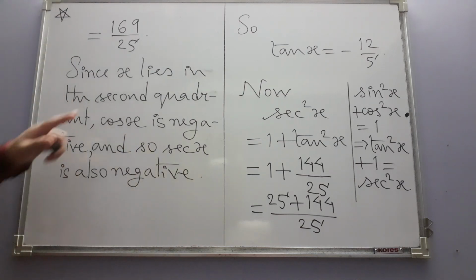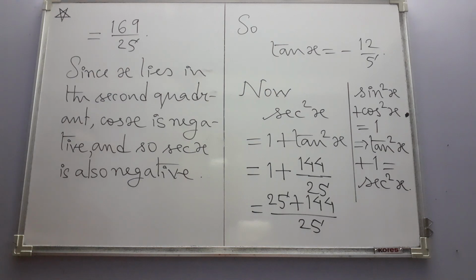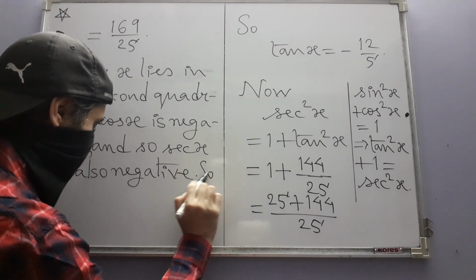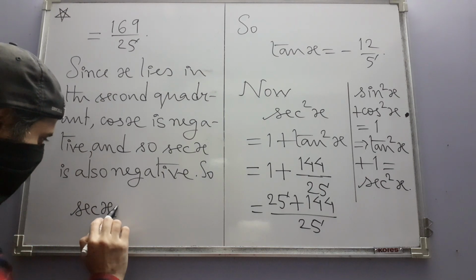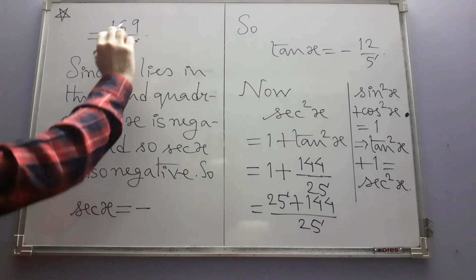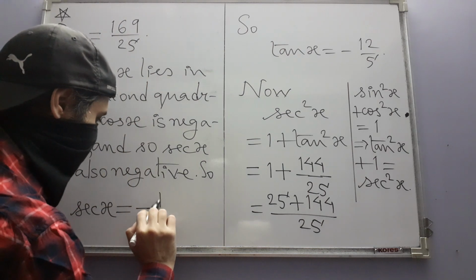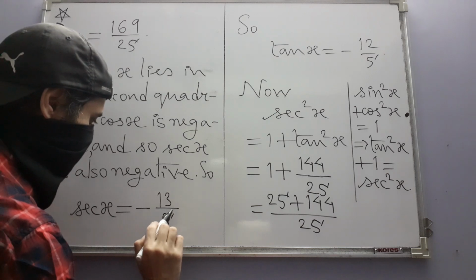And that is why from this equation secant square x equal to 169 divided by 25, we are going to get a negative value of secant x. So when you take square root, the numerator is 13 and the denominator of course is 5, so you will have minus 13 over 5.